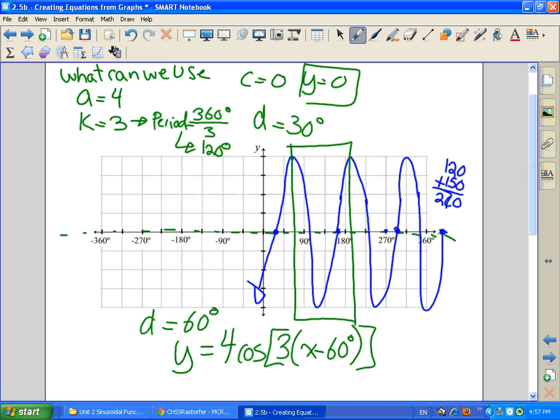All right. And just make sure, ladies and gentlemen, that you look for it goes to its max first, okay? Otherwise, it could have been flipped, and you could have done a negative A if it was, but it looks like it's at its max, okay? All right, so that's how we picked our starting point. We looked for the first maximum. All right. Hopefully you understand that.